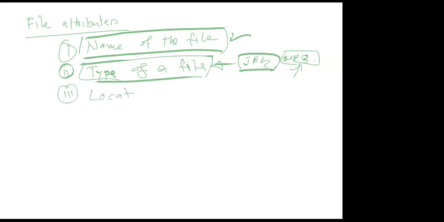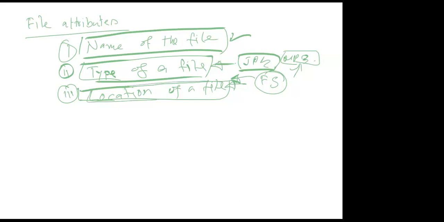And then another is the location of a file. Location of a file is one of the major components for a file system. To access a specific file, the file system needs to identify where the file is actually located.